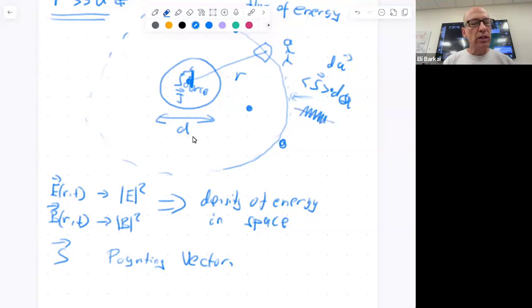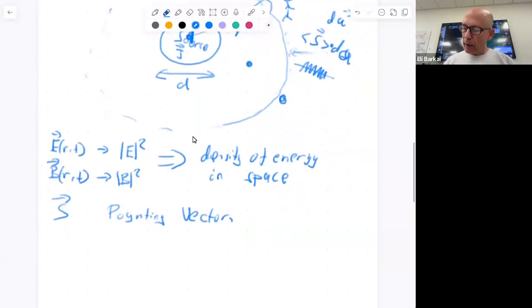We're going to average this. This average will come later. It's a bit important, but it's not the essential thing. In principle, the flux of energy itself is fluctuating in time. But if you coarse grain, the person receiving the information is averaging over time. So the average S is going to be some constant independent of time. Again, this is a fine detail. So we need to get this Poynting vector, and we need to calculate S dA at a given point.